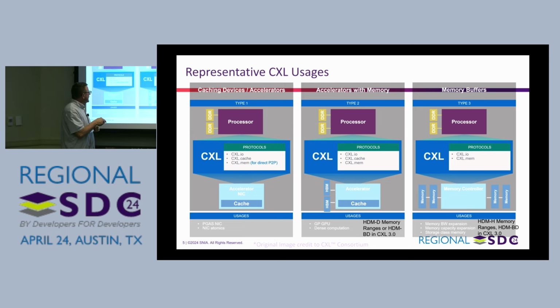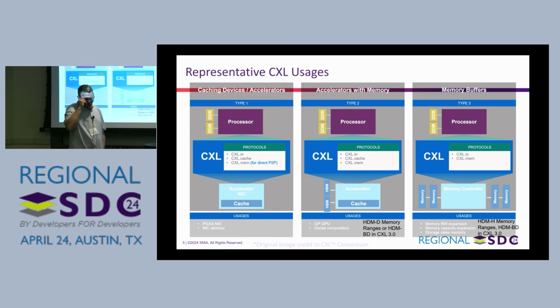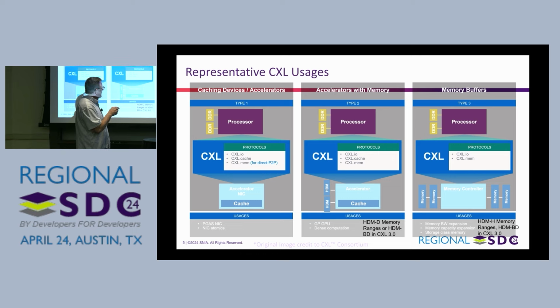So that's really what .cache is used for in this model: to allow me, and think in the future computational storage device, to write to my own memory that I've exposed. And this has changed a little bit as we've added this thing called HDM-DB, which I'll talk about in a little while. And then lastly, we have memory buffers, and this is the simplest case. If you see CXL 1 or 1.1 devices, they're going to be these devices.